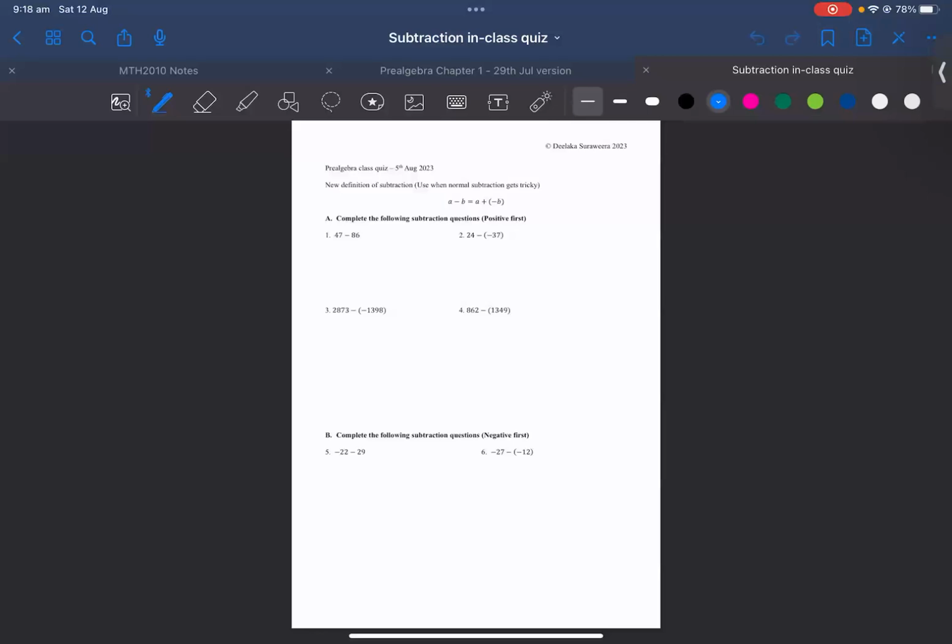Same one from last week. There's only one more handout for this chapter, so I'll release that probably next week. We'll do division then. We have reciprocals and subtraction here.